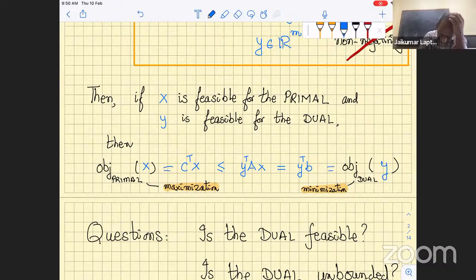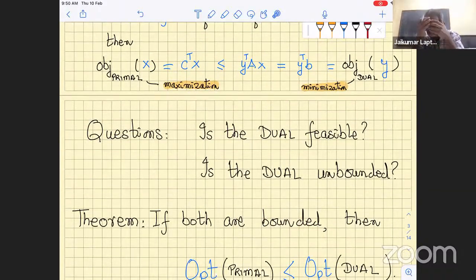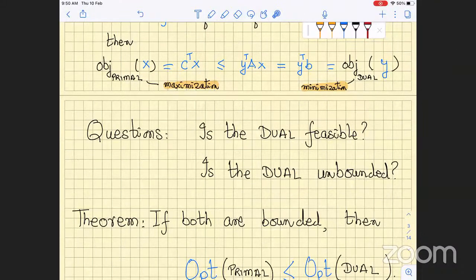This is indeed the objective of the primal at x, and this is indeed the objective of the dual at y, and the objectives at x and y satisfy this property. But notice that this was a maximization problem and this was a minimization problem. Sorry, Kavita, you want to say something? No, nothing, Jayakumar, it is perfect. It's fine. Okay.